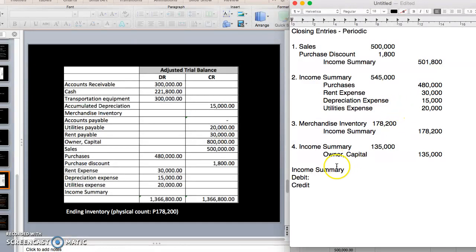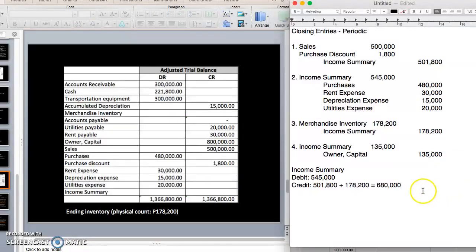So for the debit of income summary, there's 545,000, and then for credit, we have from the first step 501,800, and also from the income summary we had of number 3, 178,200.